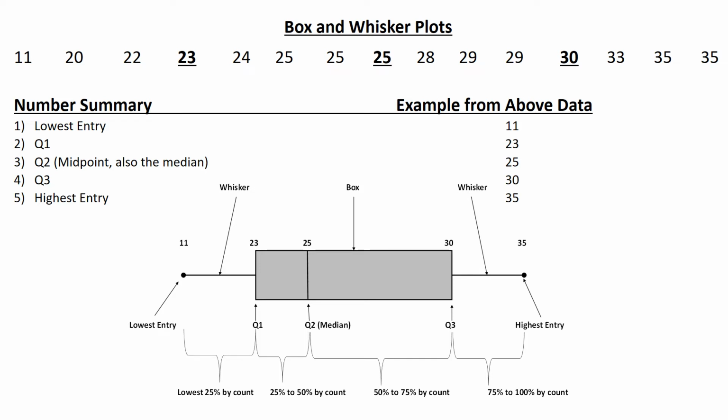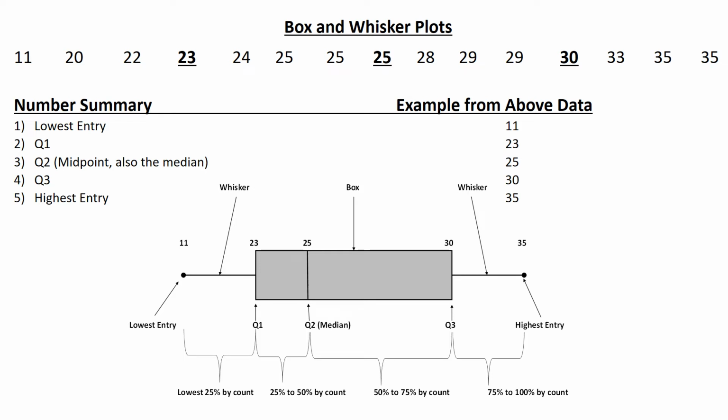The lowest entry is put as a dot. You can see it's 11 here, and there's a line drawn to Q1. The highest entry is also drawn as a dot, with a line drawn to Q3. Between Q1 and Q3, remember that's our interquartile range, we have a box.